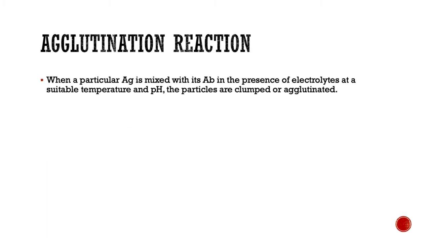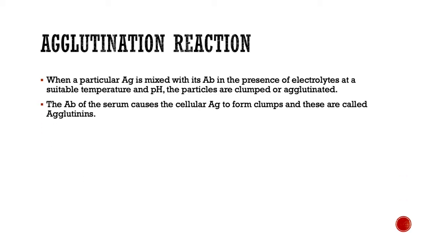If a particular antigen is mixed with a particular antibody in the desirable condition, and the desirable condition is the presence of electrolyte, suitable temperature and pH, then the antigen will be clumped or agglutinated with the antibody, forming a clump, and this reaction is called the agglutination reaction, and the antibody of the serum is called the agglutinin.